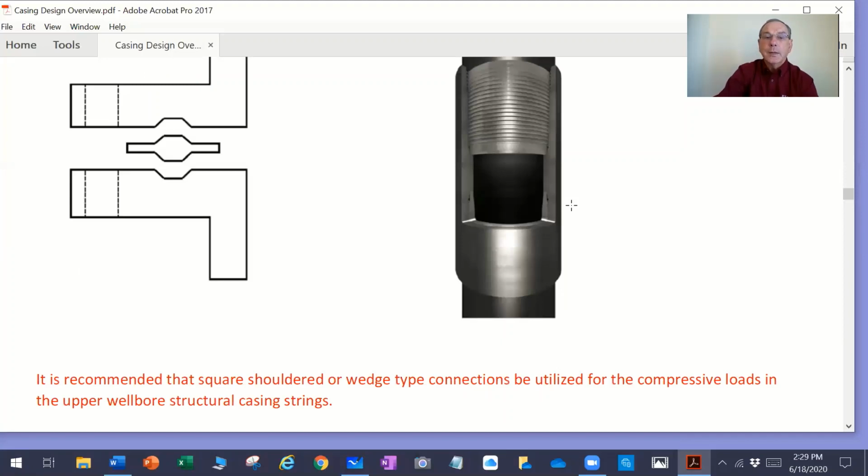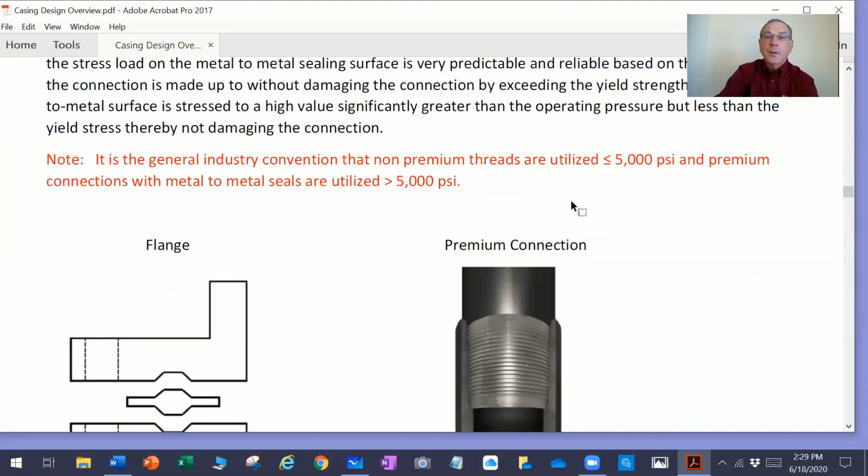Now, it's industry convention that if we're operating at less than 5,000 PSI, we can use non-premium threads. We can use buttress or 8-round for lower pressure sections of the wellbore, say down through surface casing.